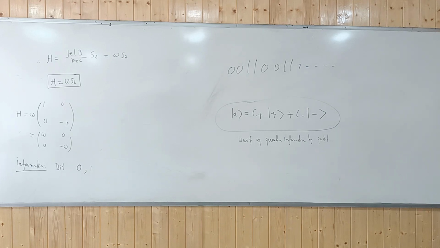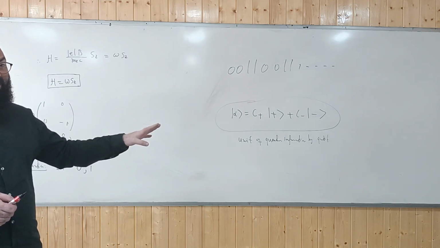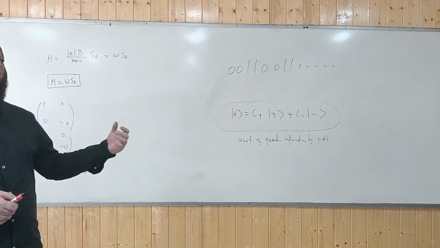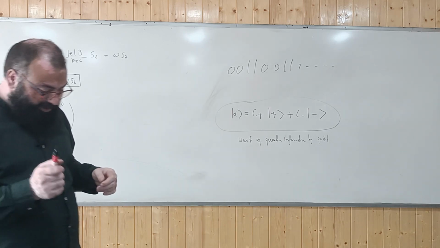That means it represents a two-level system. Got it? The effective Hilbert space turns out to be two-dimensional. So I can take polarization states to be the bits of the information. So polarization states of the photon are also a candidate for a qubit. Got it? Any spin half particle will act as a qubit, and polarization states of the photon will act as a qubit.